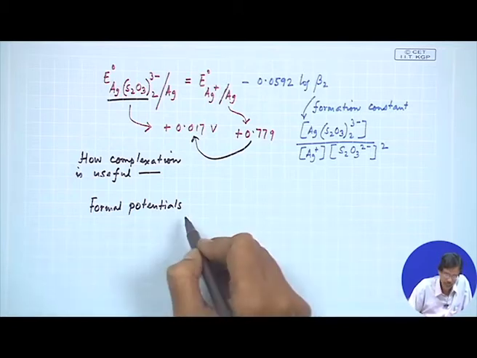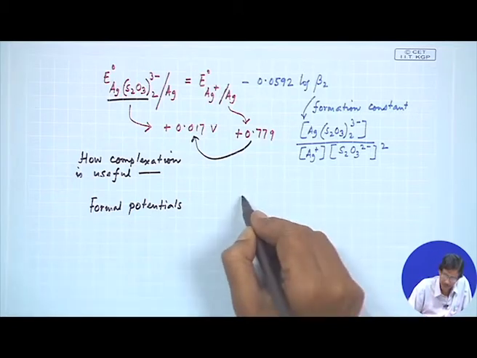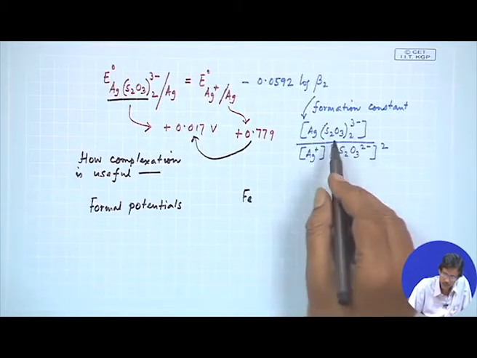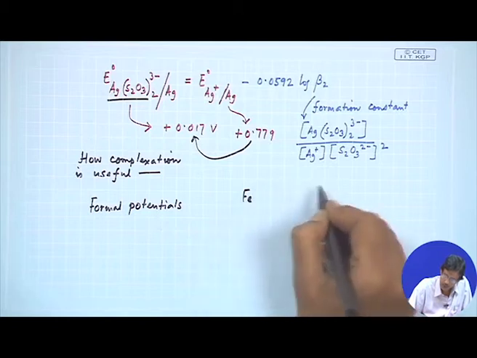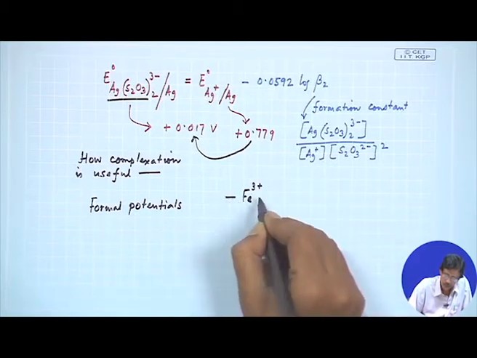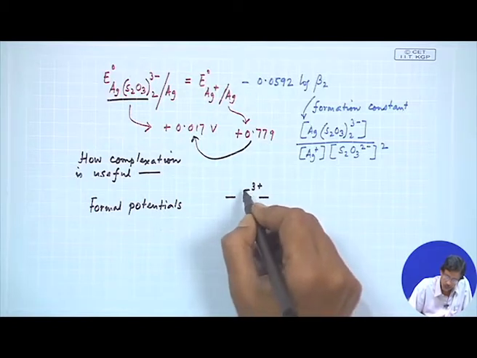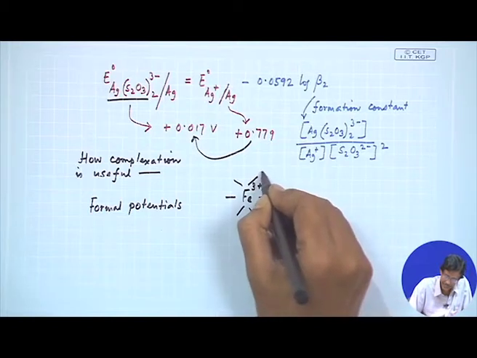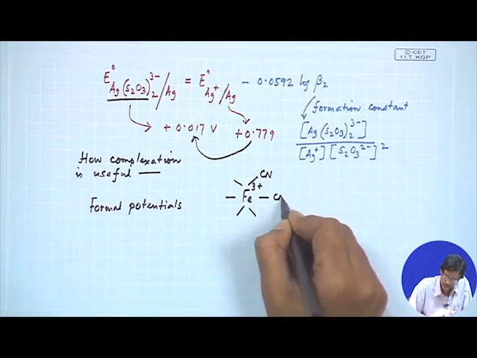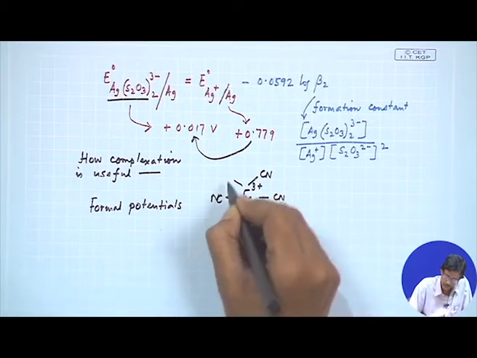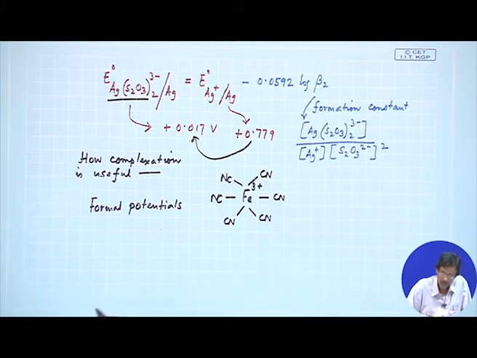We will define what a formal potential is. As silver is binding to thiosulfate, and we all know the electron transfer for the ferric ion or the ferrous ion, now we will put in some other strongly bound complexing agent such as cyanide ions. So, these cyanide ions are attaching to that.